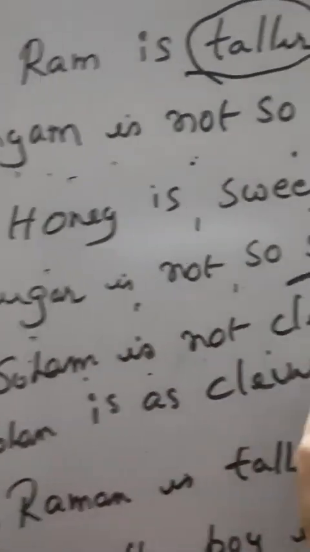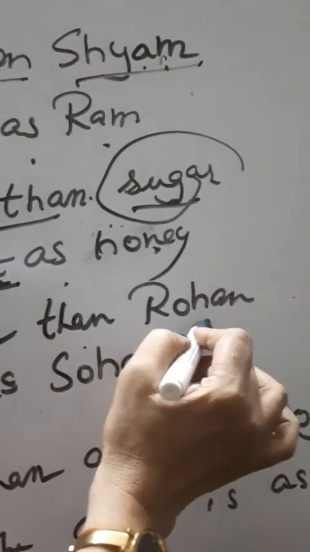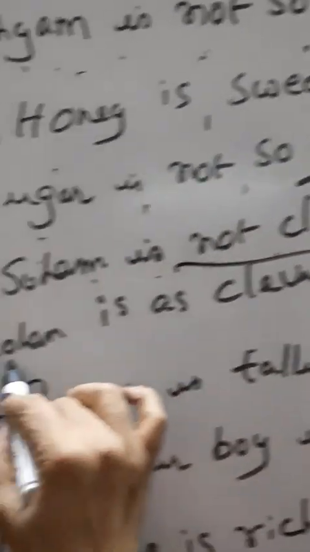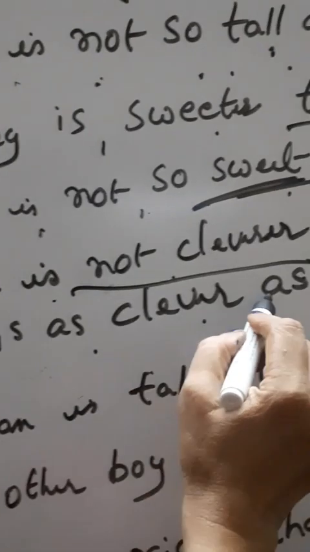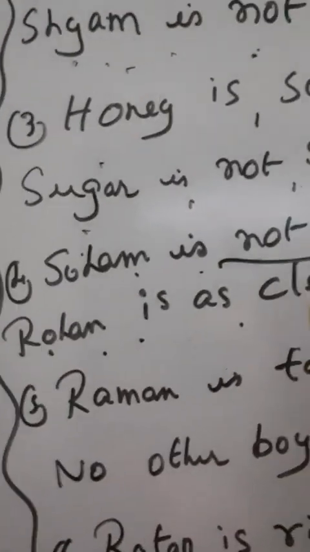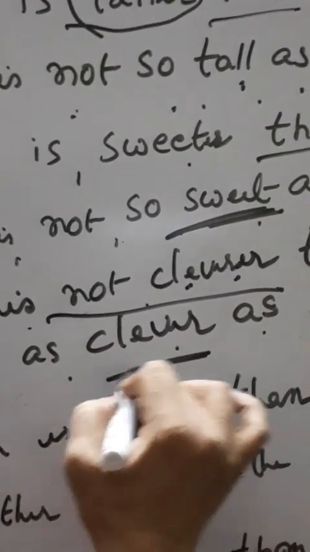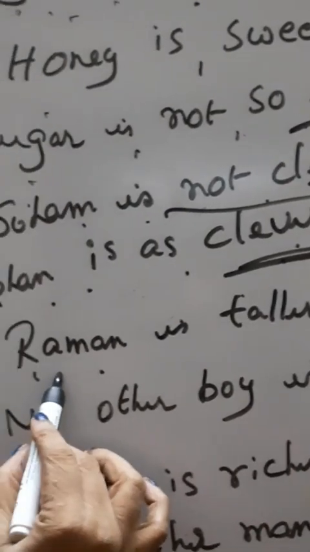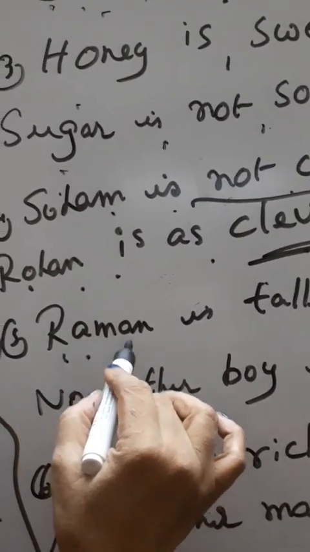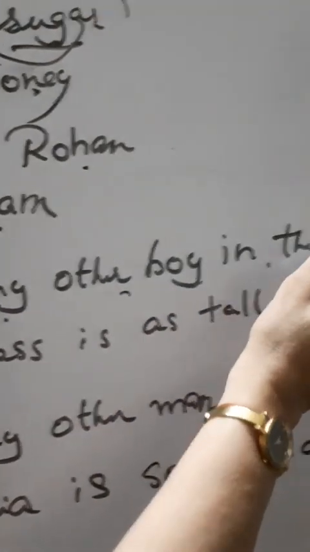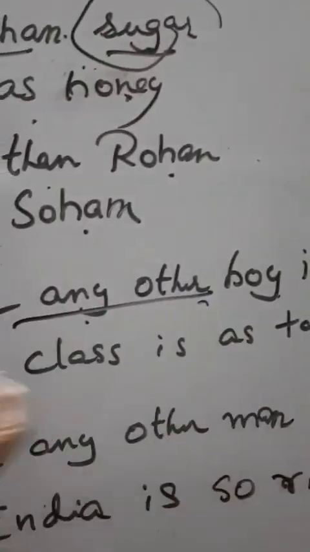Soham is not cleverer than Rohan. The sentence is negative. Rohan is as clever as Soham. Clever, cleverer, clever. Now let us take a different type of sentence. Raman is taller than any other boy in the class. Any other.